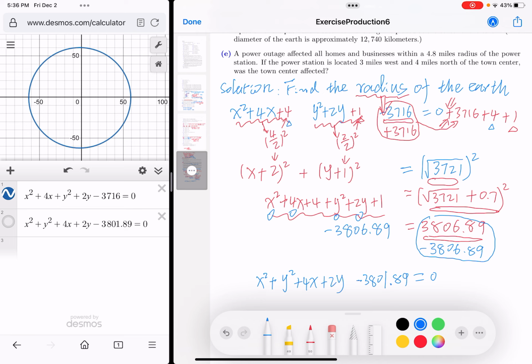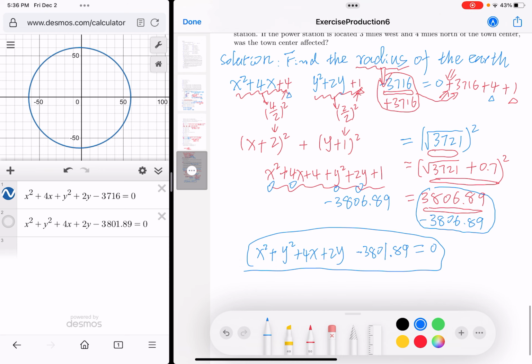And this will be the general form, the general form of the circle of the satellite. Okay? That would be our final answer. All right. I'll see you next time.